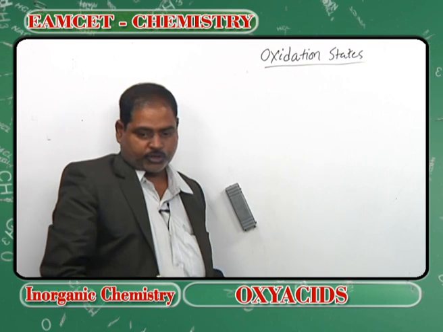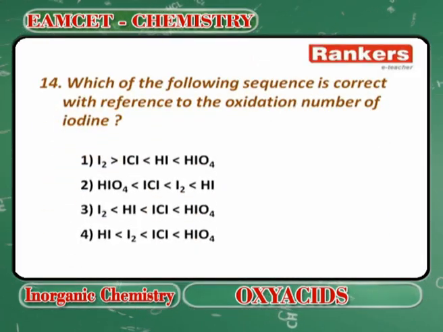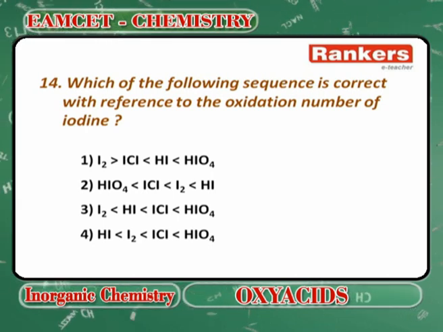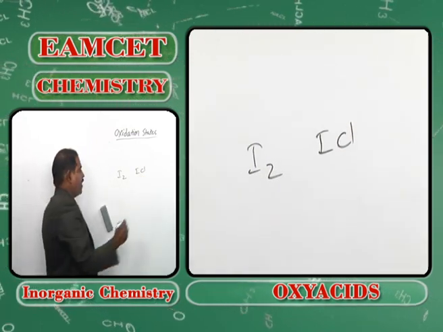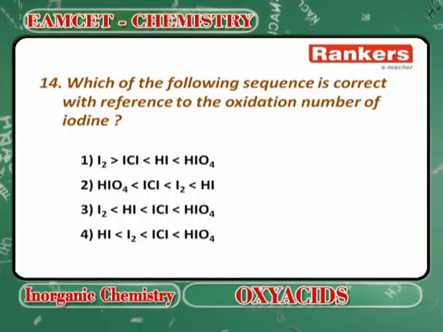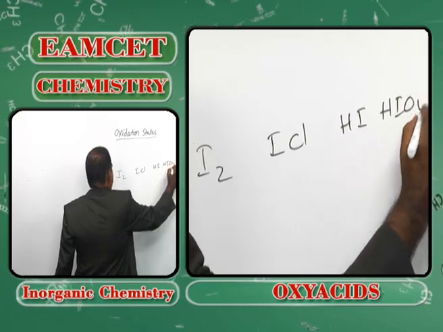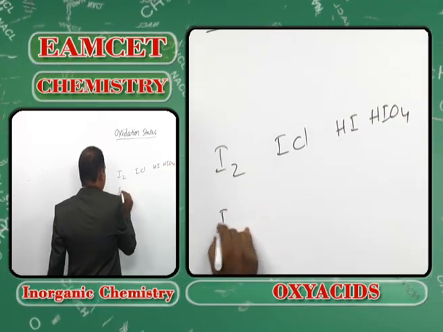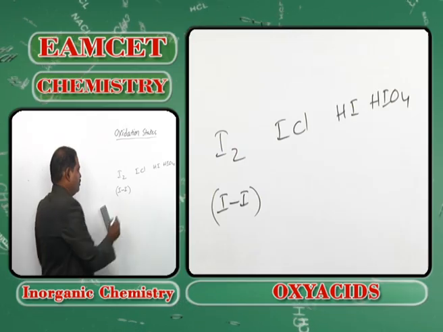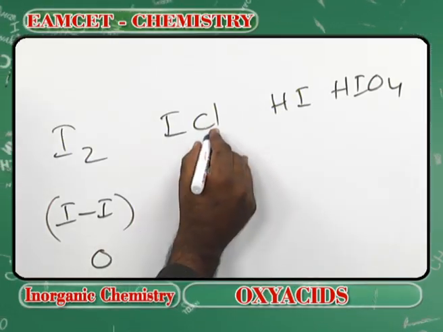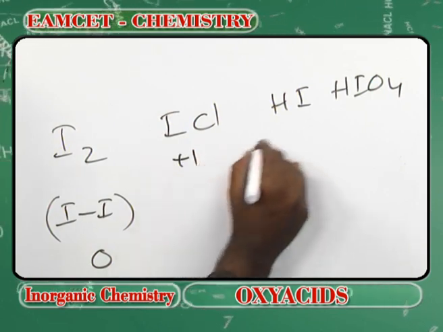So next question. Which of the following sequence is correct with reference to the oxidation number of iodine? Once again, a good question. I2, ICl, HI, HIO4, what are the options given? So let us first arrange. In the I2, I-I bond, who wins this match? Equal opponent, 0. Chlorine more electronegative, plus 1.